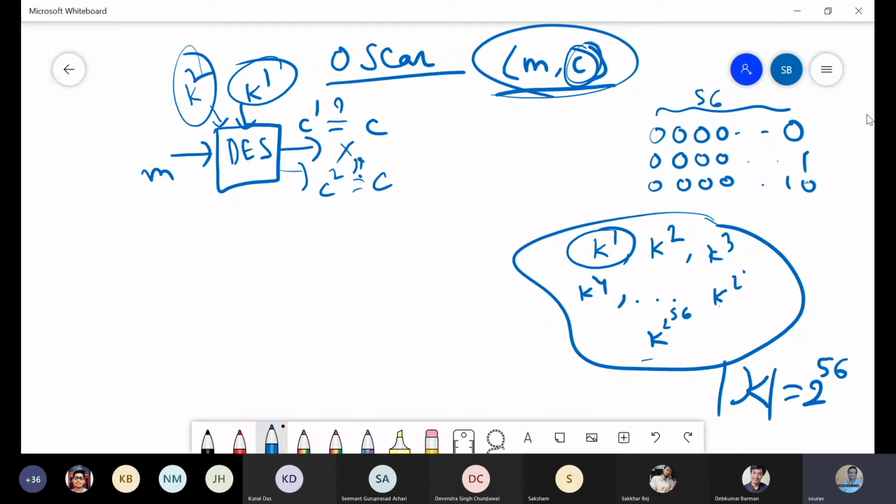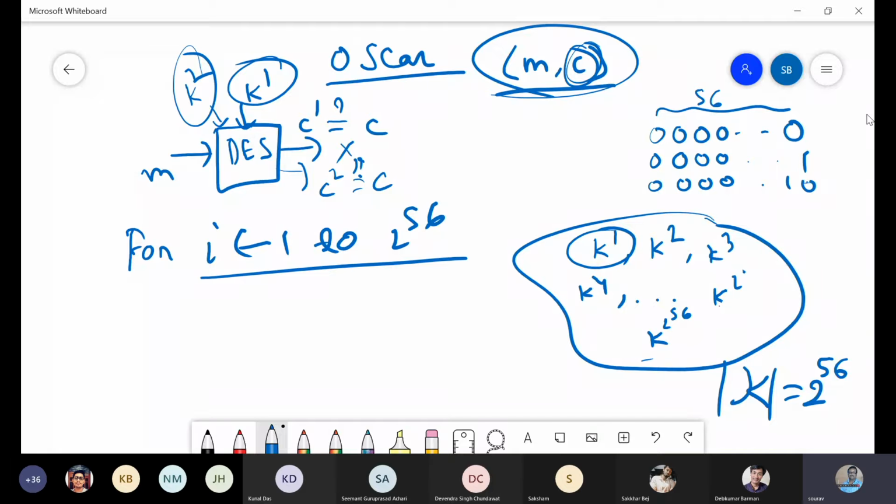So this is basically a for loop. For i equal to 1 to 2 to the power 56, we just compute Ci. Ci is the DES encryption of this M using these Ki's. These Ki's we are choosing just randomly from here, or in some way we choose a key and check.